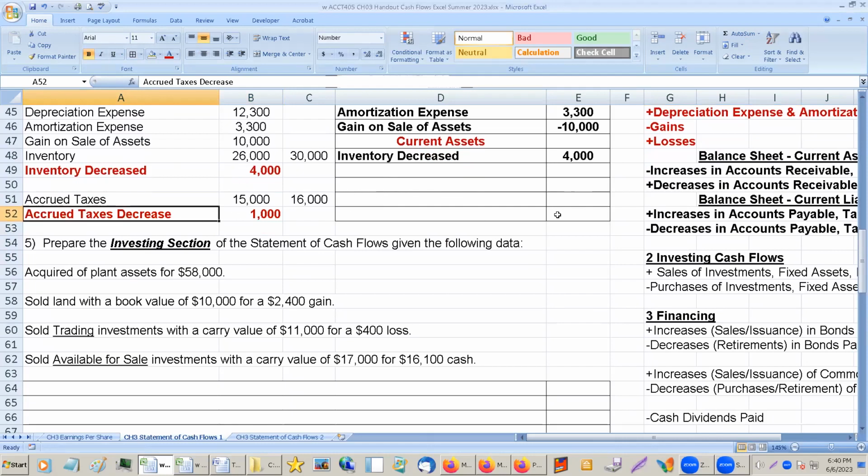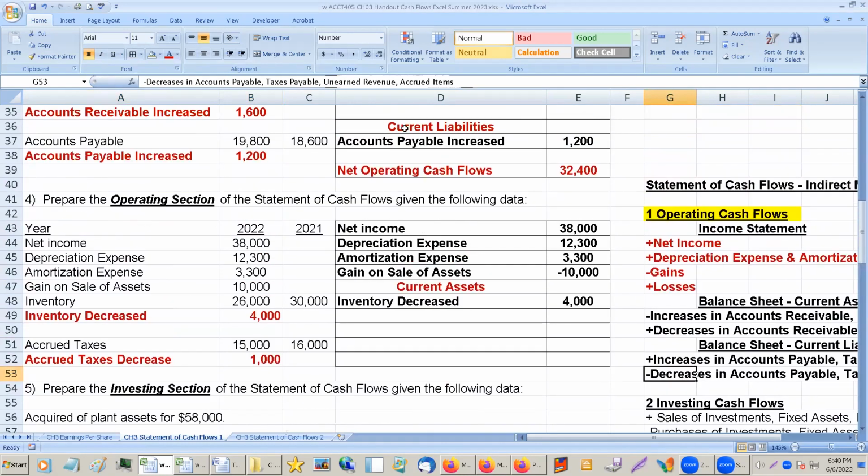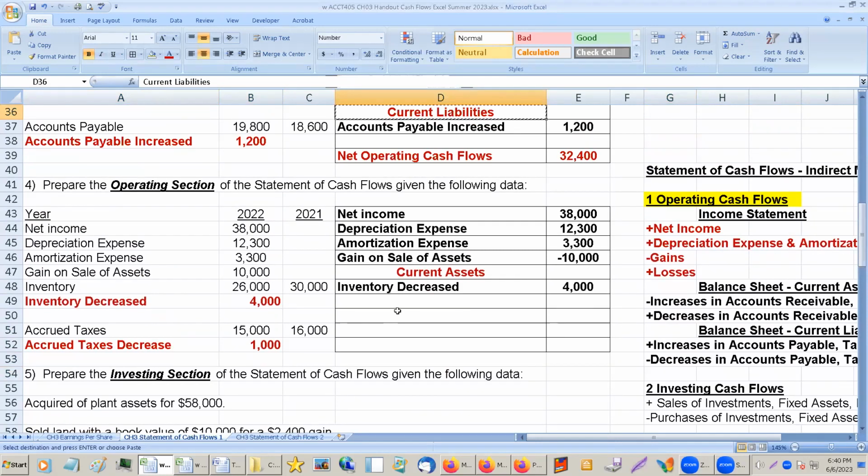Okay, so accrued taxes decrease. So a decrease will also decrease your cash. How do your current liabilities go down? When you pay them.